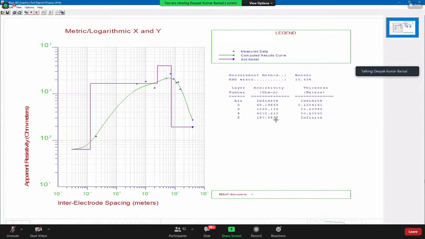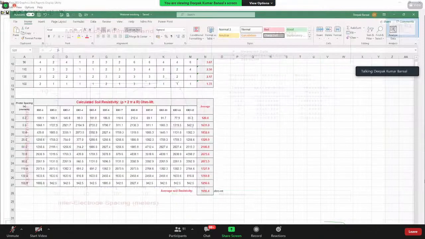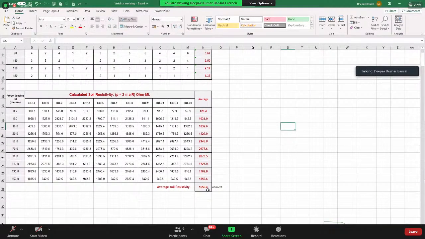And after that, you can see why I have chosen this data, because there is a tremendous change after this third layer. The soil resistivity here is 190 ohm meter, which you cannot make out from the average soil resistivity or the entire data. You can't make out that we have such a low resistance soil.